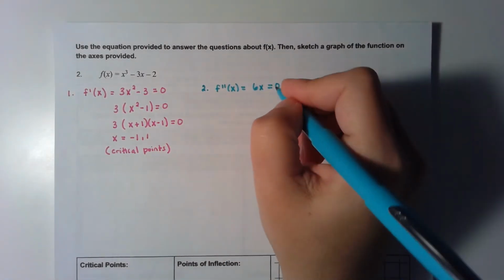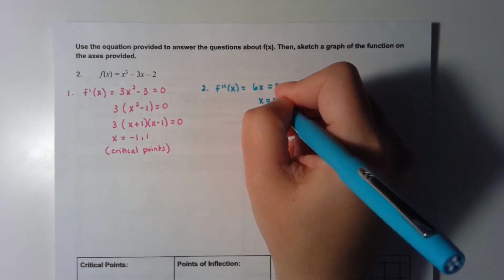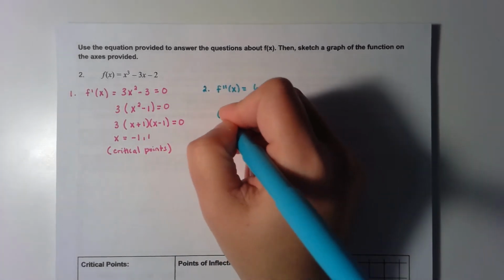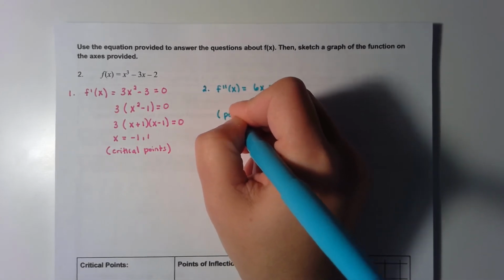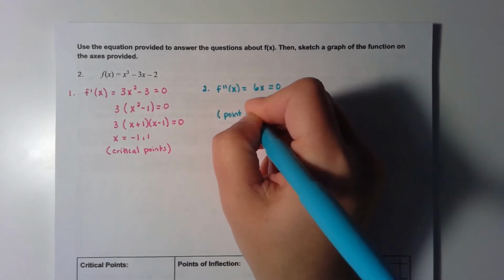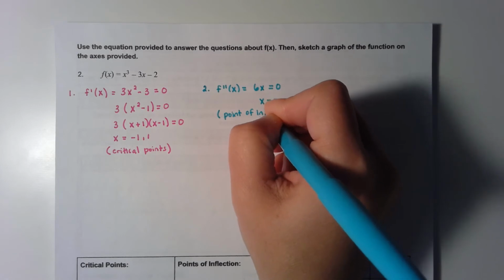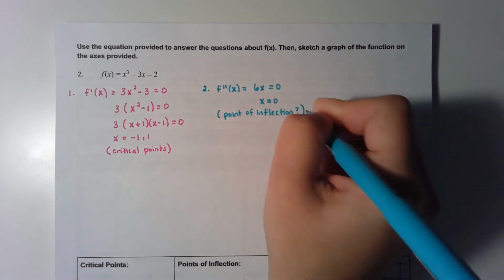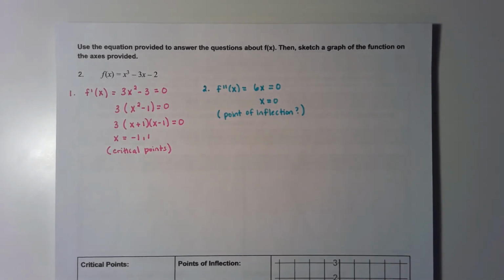Now, there's nothing to really factor here. We would just get x equals 0. And that is a potential point of inflection, but we can't be sure that it's a point of inflection because we don't know if the concavity actually changes signs there. So I'm going to write point of inflection, but I'm going to put a question mark because we still don't know for sure if this is a point of inflection or not.